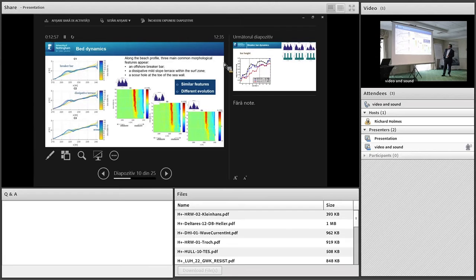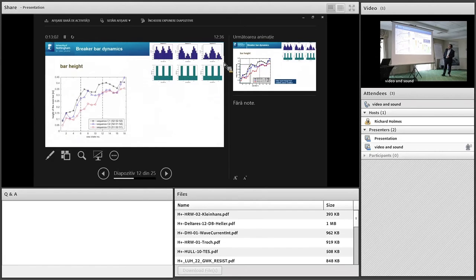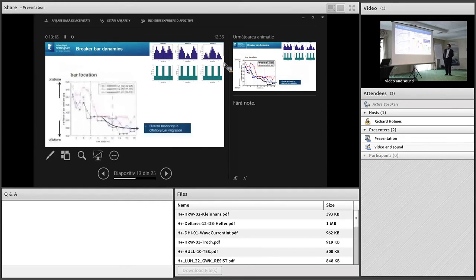And this is the role of the higher energy storm after the low energy storm. It's very clear here, where you have a limited growth of the bar, then the second storm, the most energetic, starts the bar off and pretty much unaltered in the migration offshore.